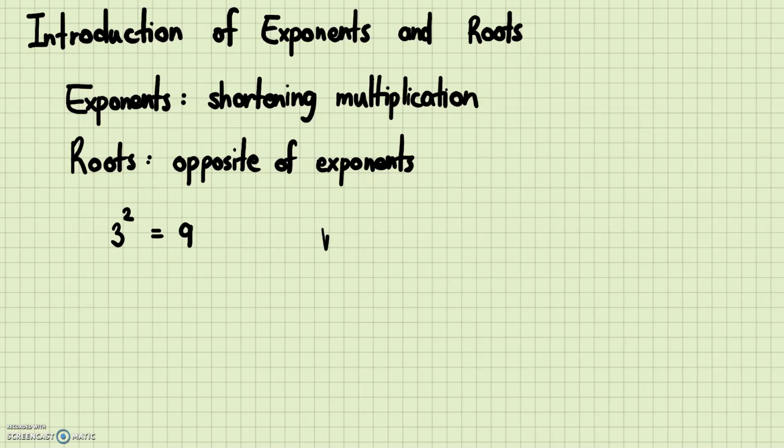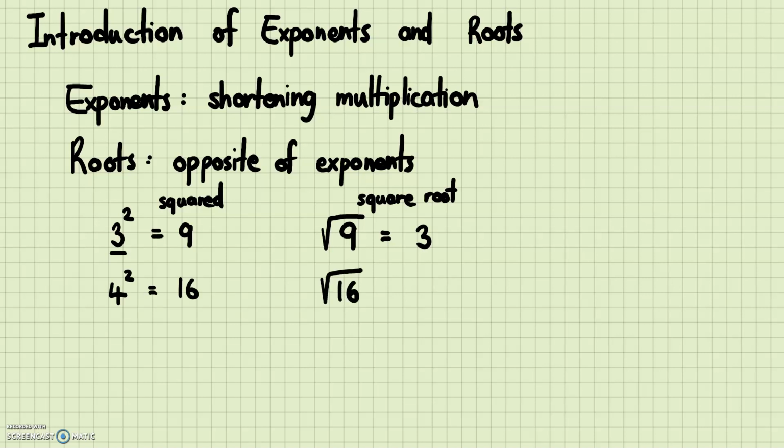If you take the root of 9, or more specifically the square root, because this is squared, we're taking the square root of 9, you should get back 3. Okay, that's the number that you started with. 4 squared equals 16. So when you take the square root of 16, you should get back 4. Okay, so the square root is the opposite of exponents.